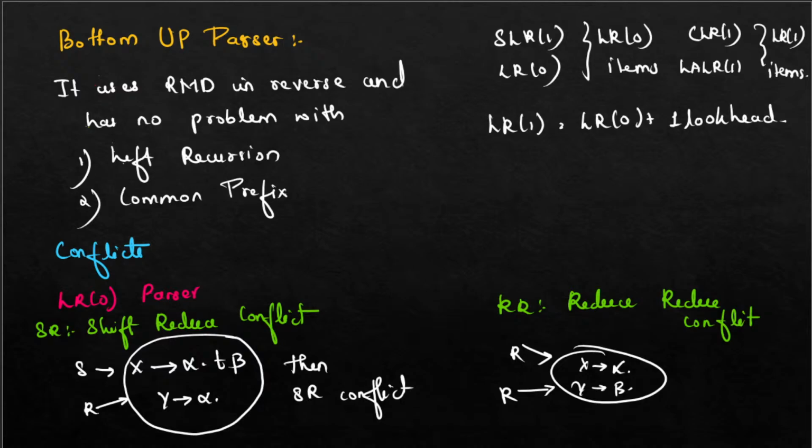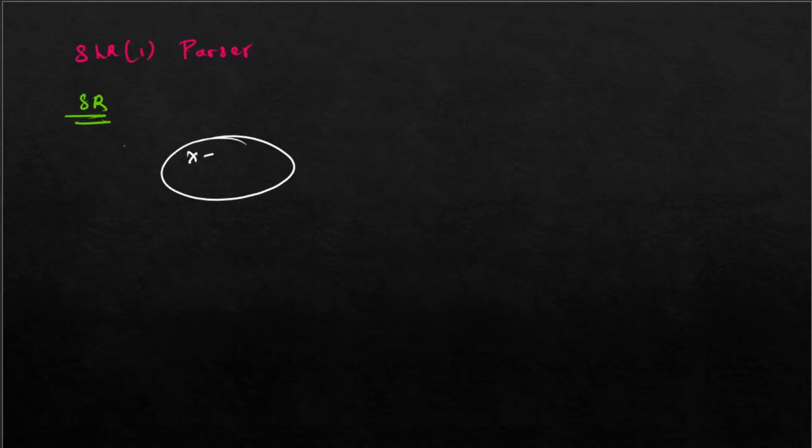Now let's see the SLR1 parser. First the SR conflict. This is a state, X derives alpha dot t beta, and Y derives some symbol dot.